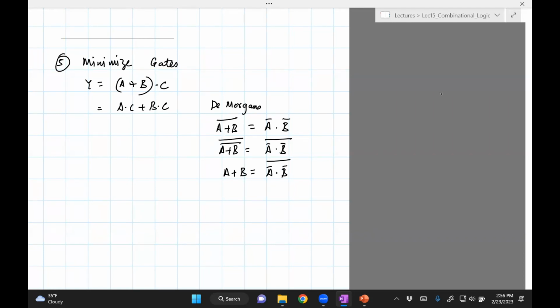So we can use this to write, so this is my A, this is my B. We have A dot C plus, sorry, dot C. It's maybe hard to see.